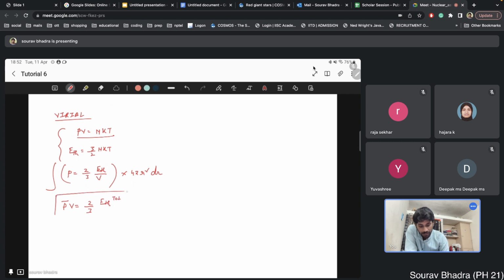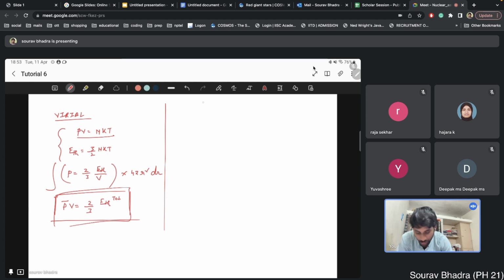That means E_th total is the thermal energy in the whole star. And another thing, it will take 3-4 minutes at max, but I think it is good to give you the idea why the temperature increases with the contraction of that particular star. So this is done, just remember it.